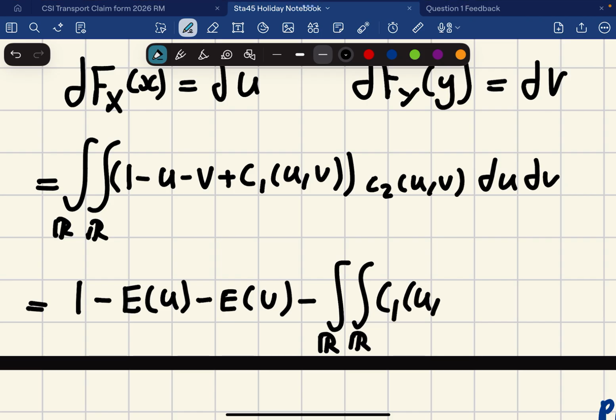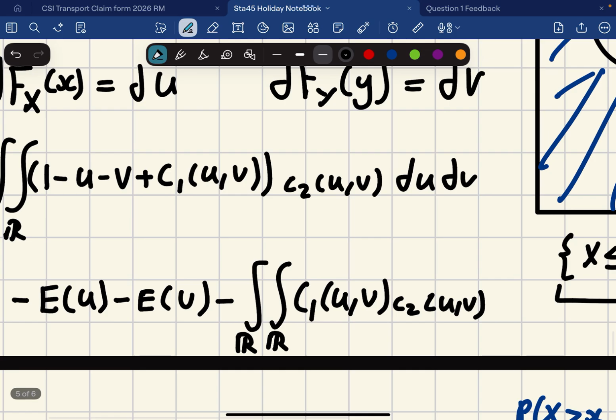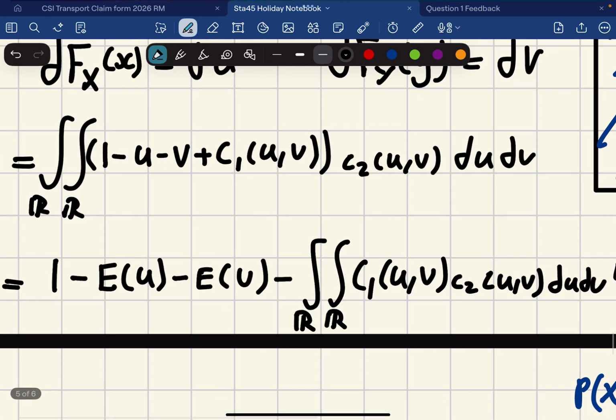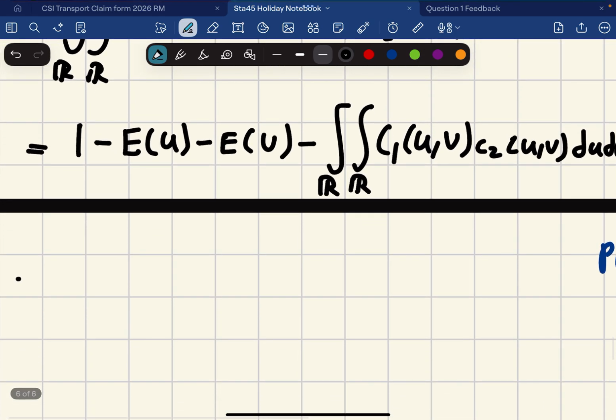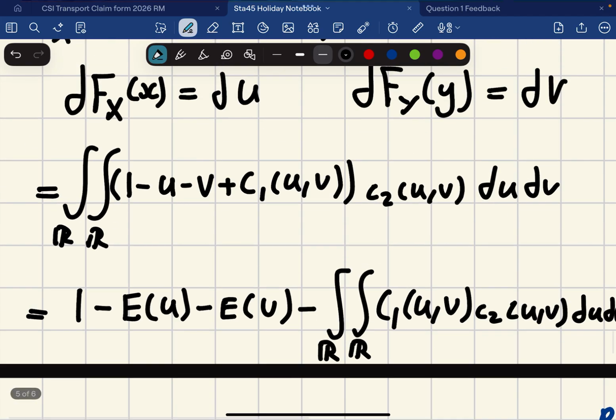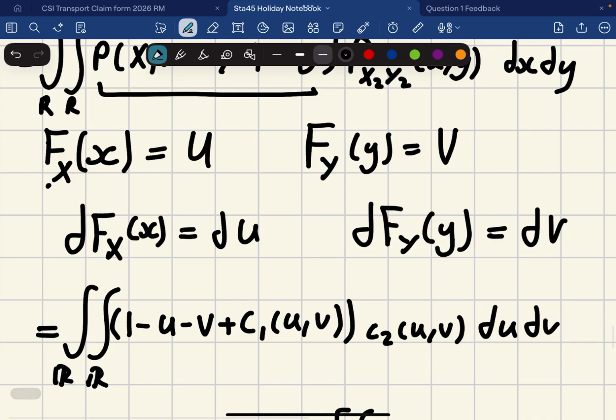which is the remaining part now, right? Ish. And we're just left with this. And in this case, we all remember U is this, and we know that the CDF ranges between 0 and 1.